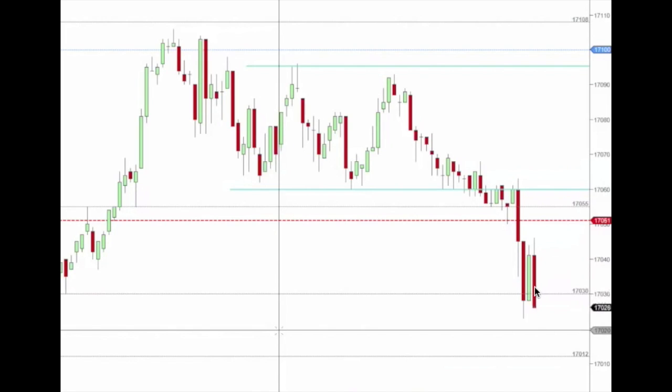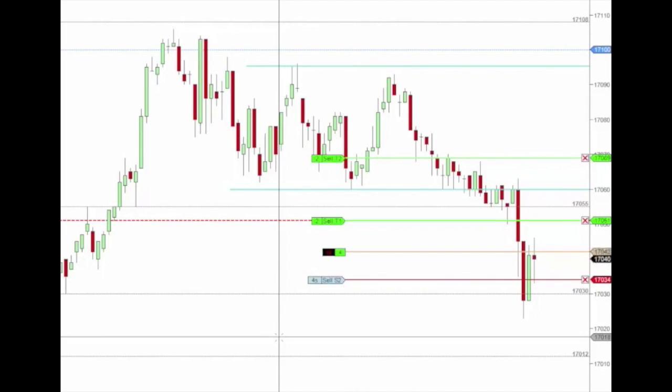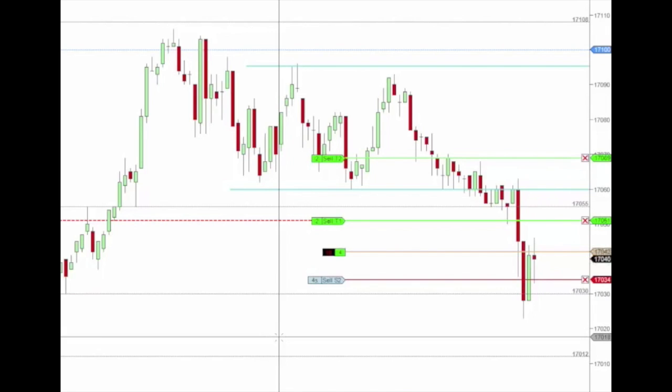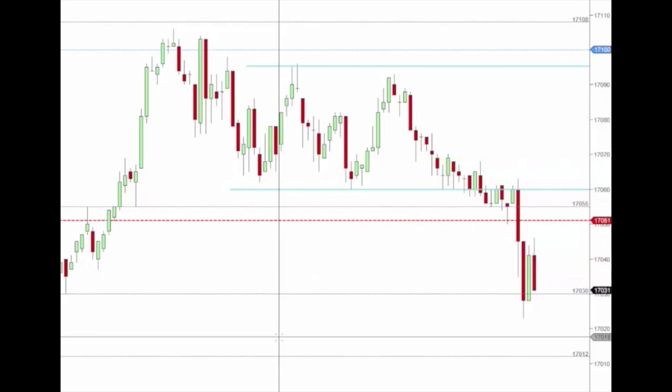The point is that my stop is in a place where, if that happens, I'm no longer feeling bullish. So just get me out as quickly as possible. If this trade isn't working out the way I expected, I just want to get out and move on to the next trade.